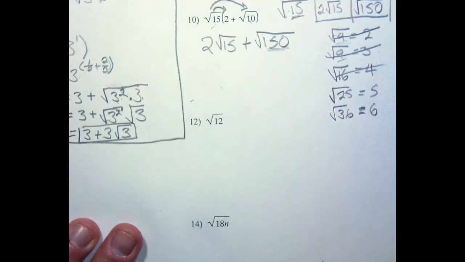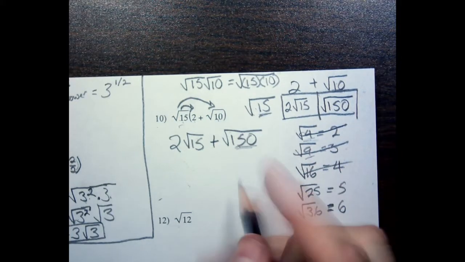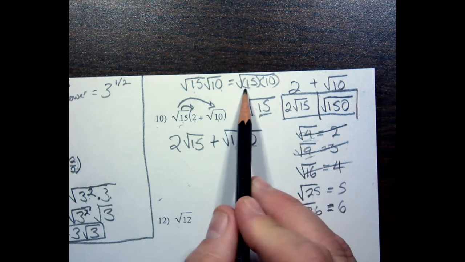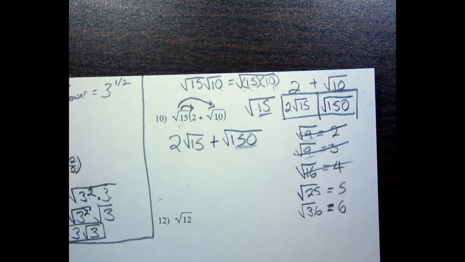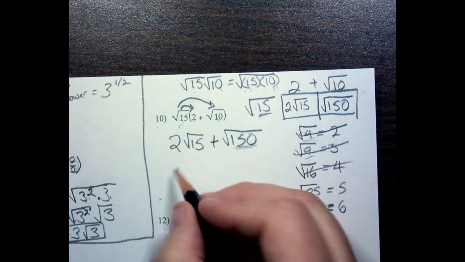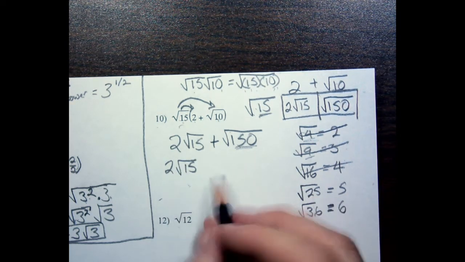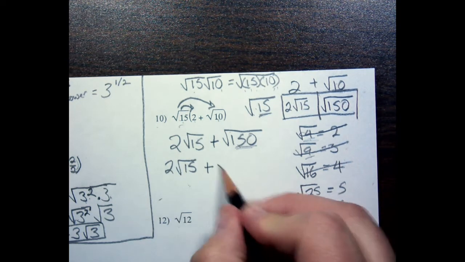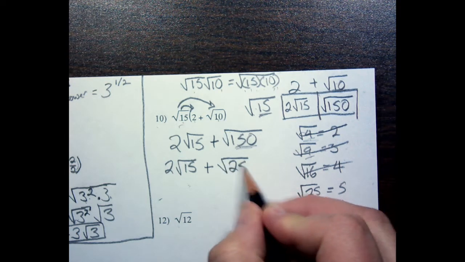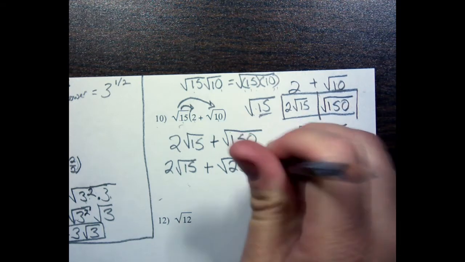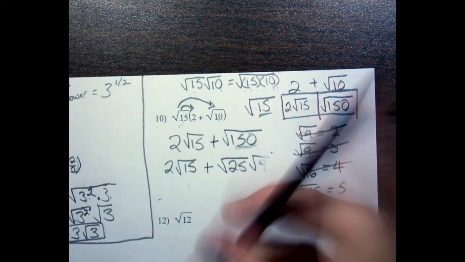So I want to review something with you guys. I said that if I have a square root times a square root, that's the same as those two numbers being multiplied, and you could go backwards too. I could say that this is 2 times the square root of 15 plus, could I say, the square root of 25 times the square root of 6? Do you know where I'm getting those two numbers from?